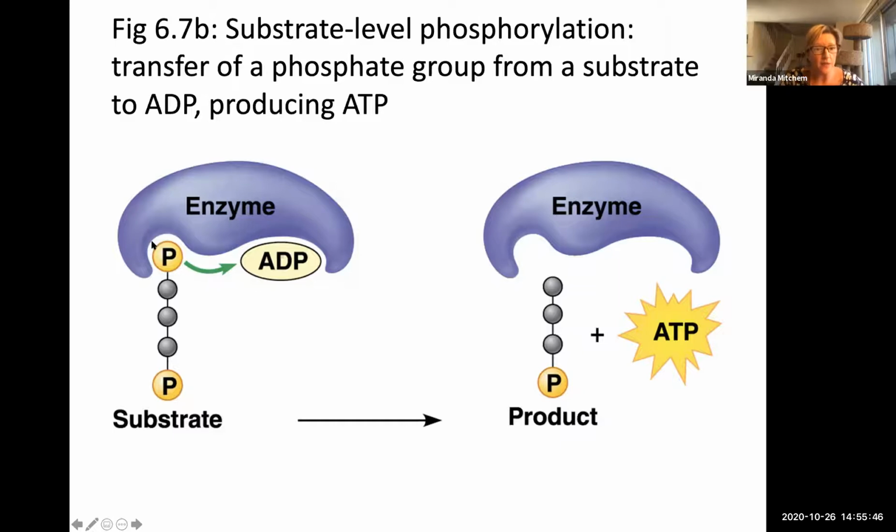When that happens, this phosphate group attached to the end of this 3-carbon molecule is cut off, and it is added to adenine diphosphate to make ATP. So this is an example of substrate level phosphorylation. The enzyme physically holds the starting material in place so that cleavage can happen.